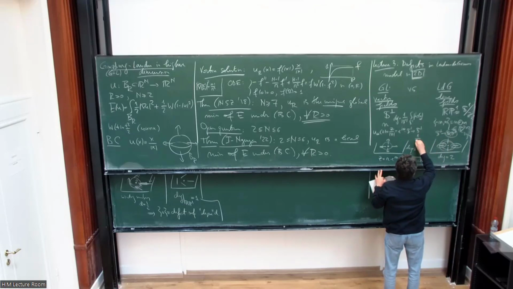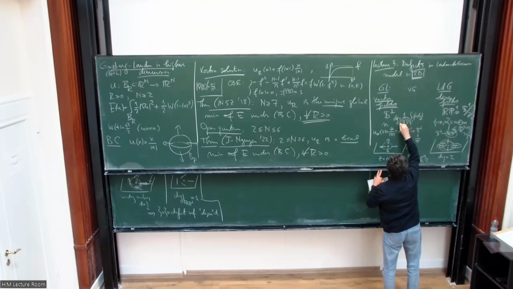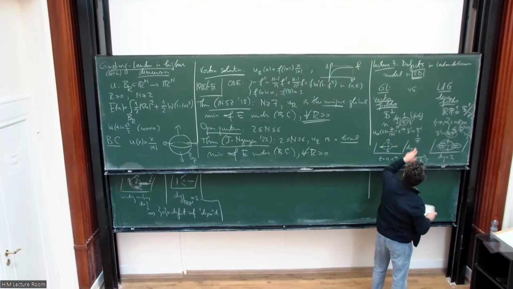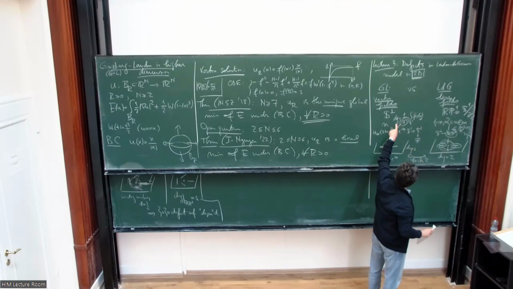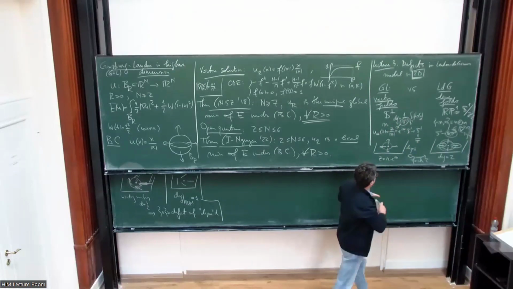Half of which is pi. This is 2 pi. So in order to get to this one, you have to multiply. So there's a factor 2, so you have to multiply this by 2. Yes.